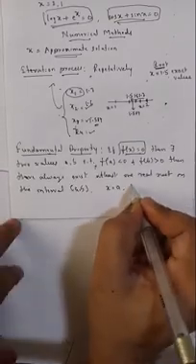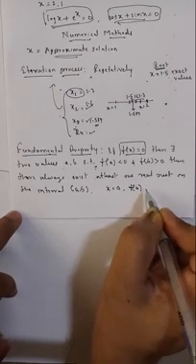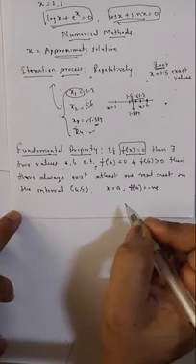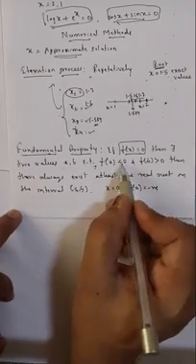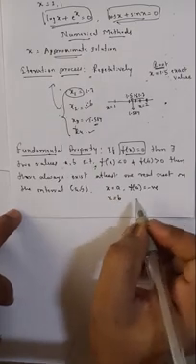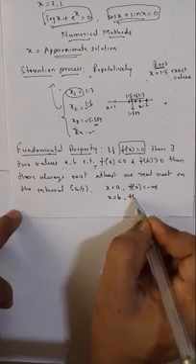After substituting x equal to a, the value of f of x at x equal to a is negative, that is less than 0. Then I take the next value of x, I put x equal to b in the given function.